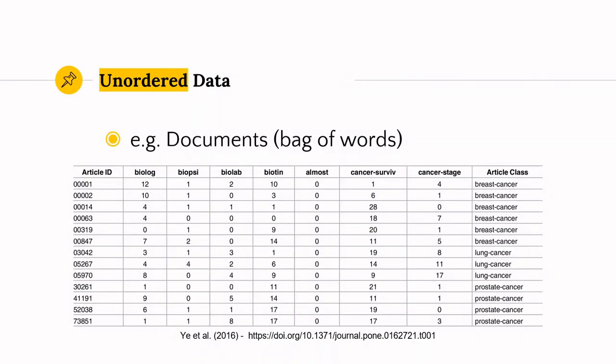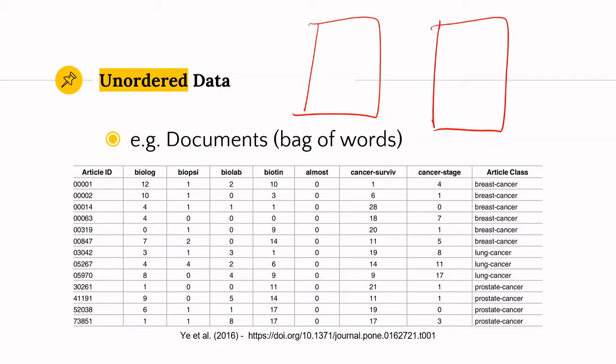Here's another example of unordered data, which is basically documents. In case you're not so familiar with natural language processing, when people analyze, for example, plagiarism, you have two documents, and what you want to do is measure the similarity between the documents. One very conventional way of doing this is basically to count different words.